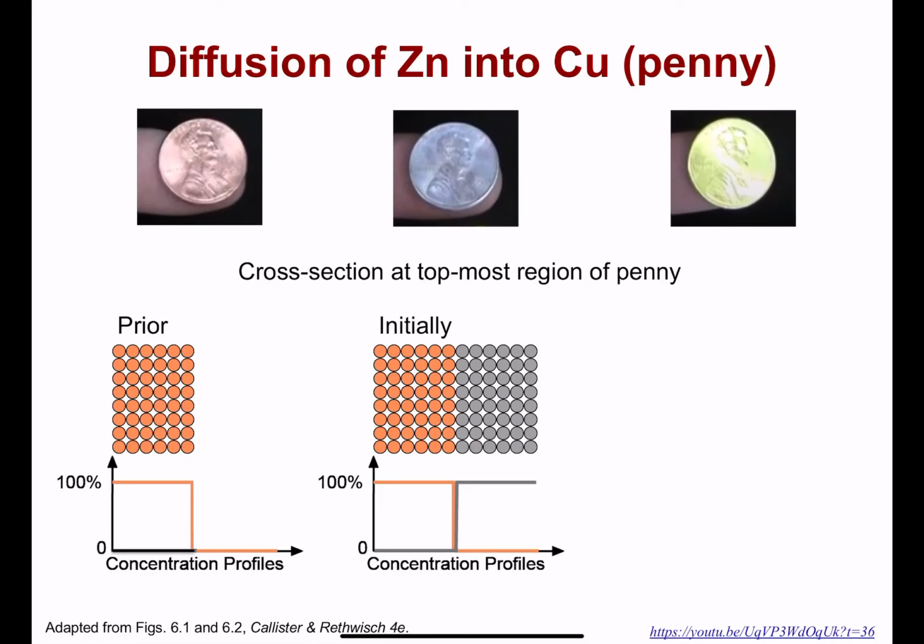Prior to even applying any zinc at all, you might look at the topmost cross-section of our copper, and so you can imagine turning that on edge and looking at that. And so right here, this is going deep into the copper penny. Okay, and of course up here we've got air.